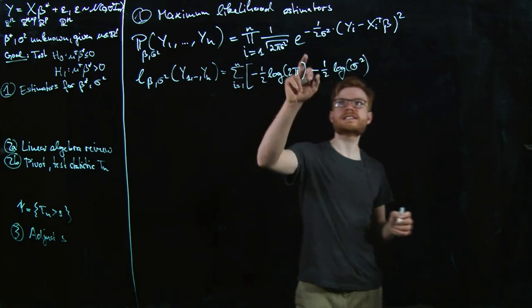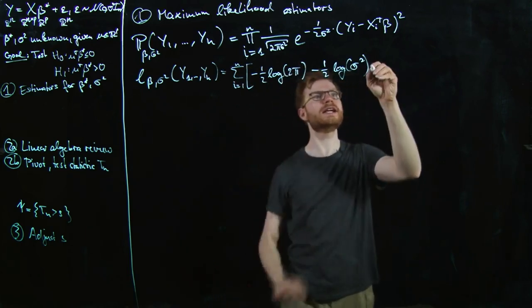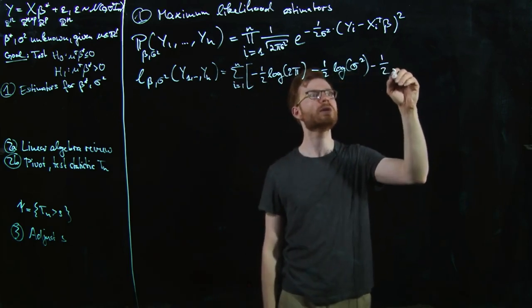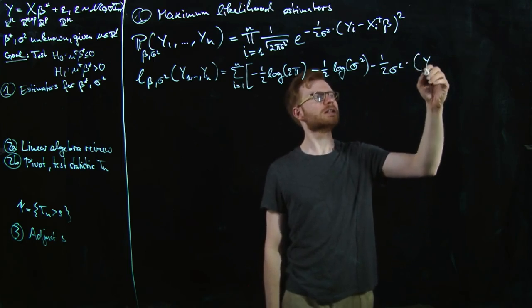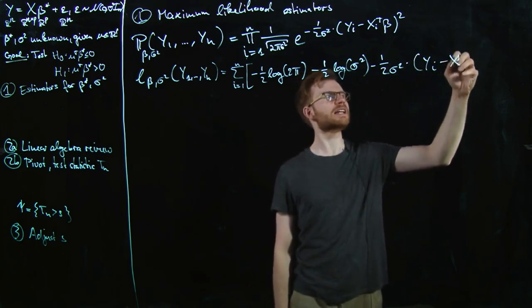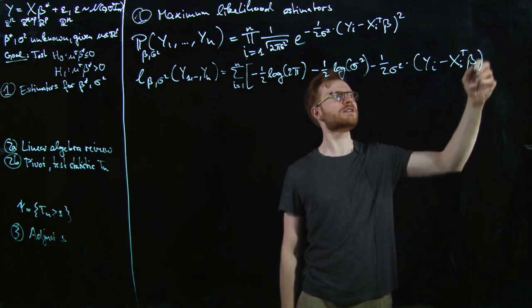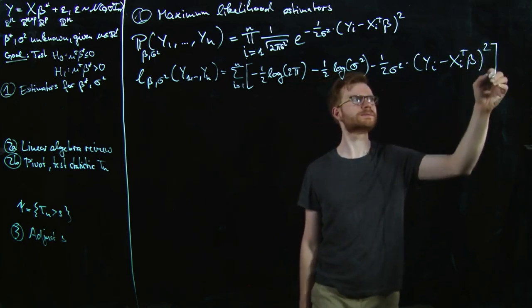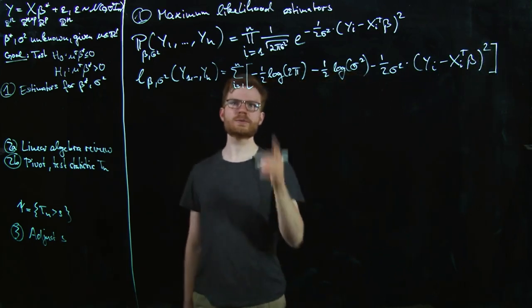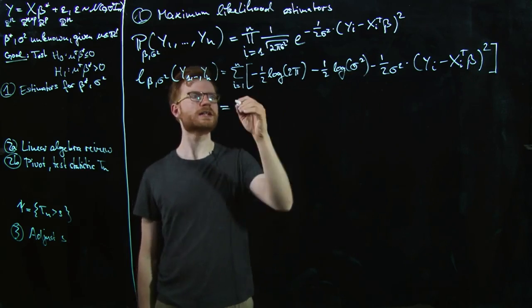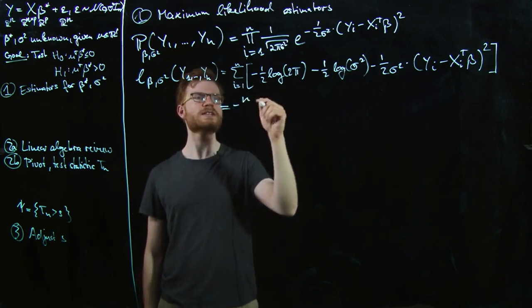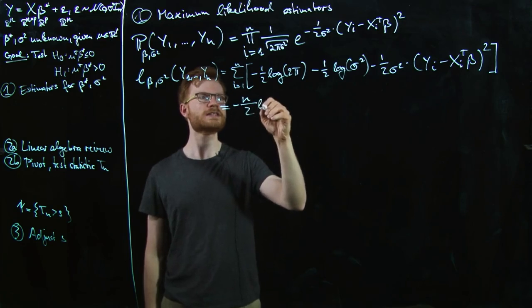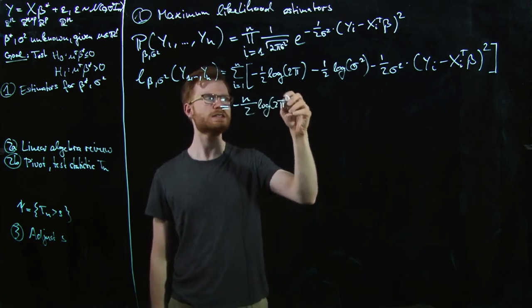And then when the log hits the exponential, it eats it up. And we end up with minus 1 over 2 sigma squared times yi minus xi transpose beta squared. In other words, I can simplify this here. There is no dependence on i, so this term just happens n times. So does the next.